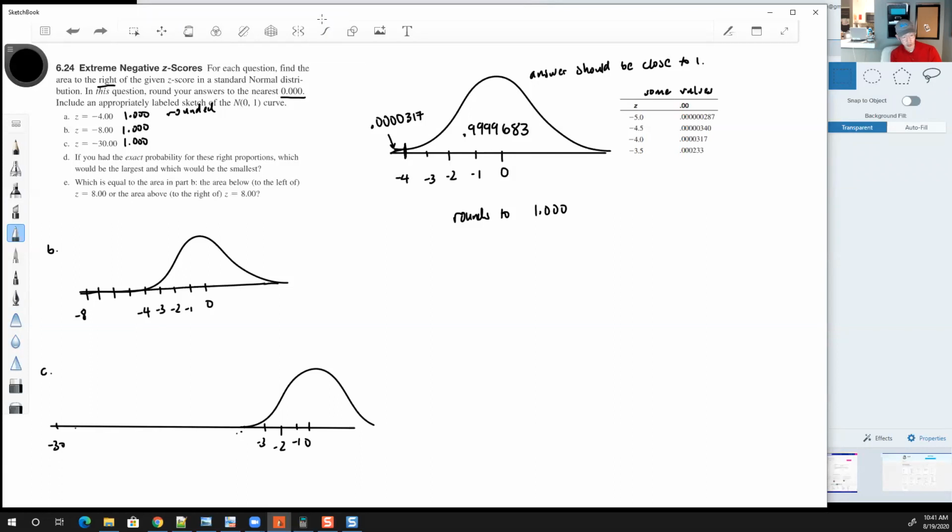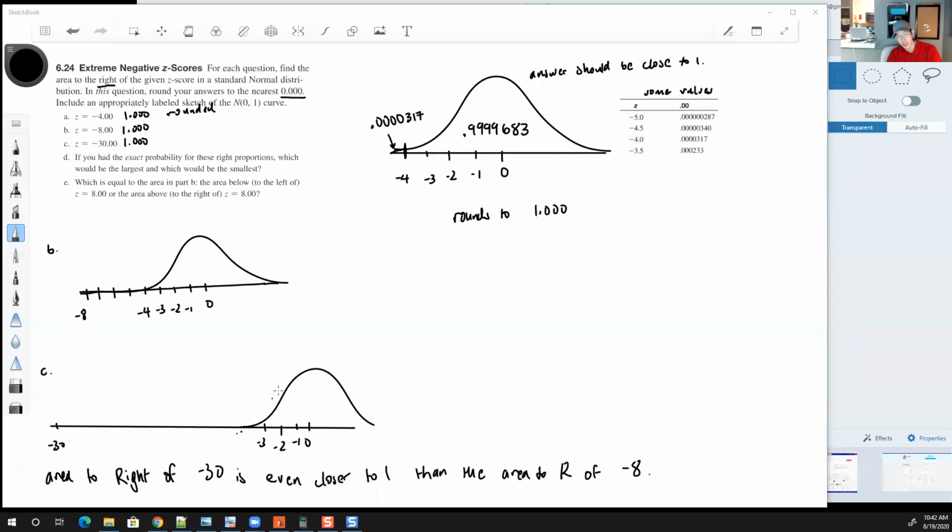So the amount that I've shaded in here is practically 0, but it's not exactly 0. The area to the right of -30 is even closer to 1 than the area to the right of -8. Both of them are pretty close to 1, but one is going to be more extreme than the other.